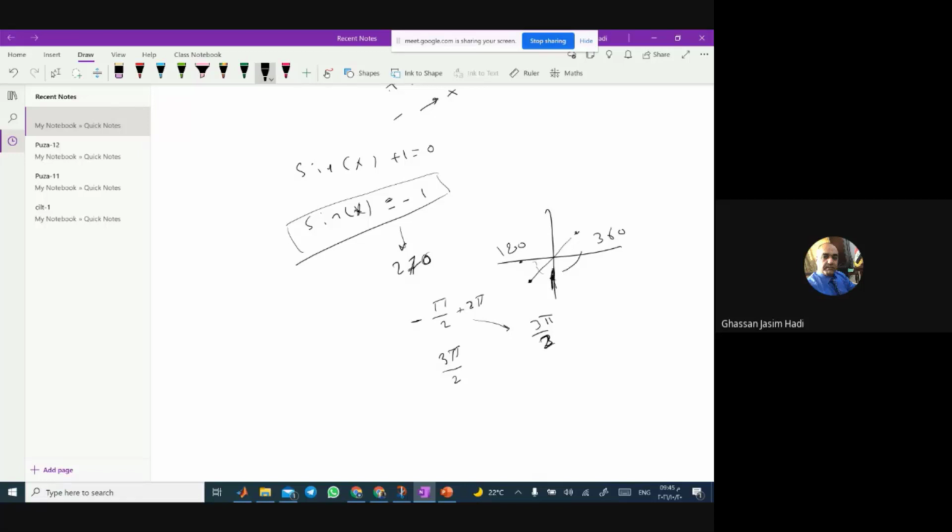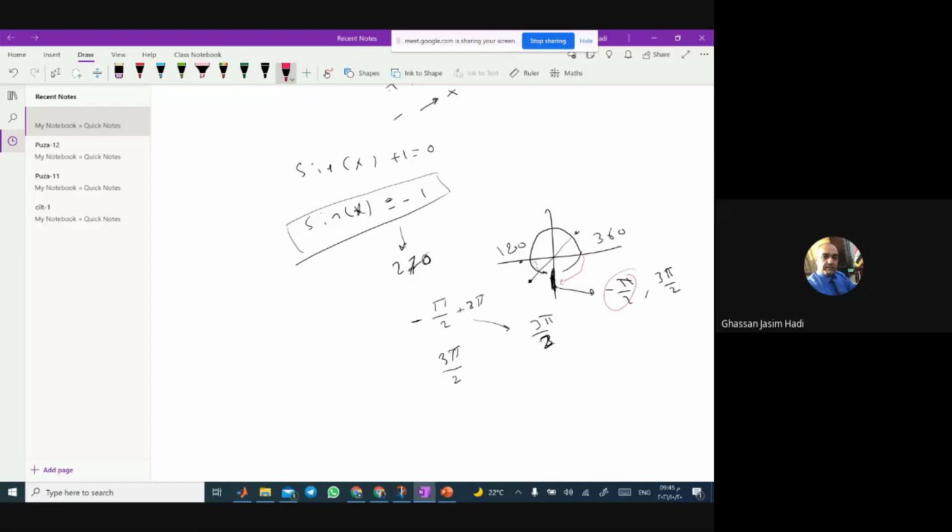It's minus pi over 2, or you can say 3 pi over 2. If you read it from here, it will be 3 pi over 2. And if you read it from this side, it will be minus pi over 2.